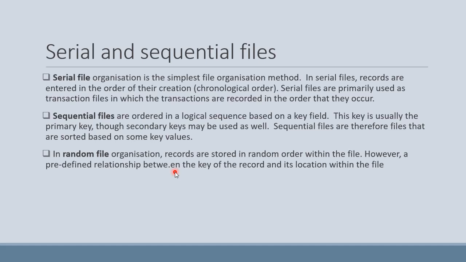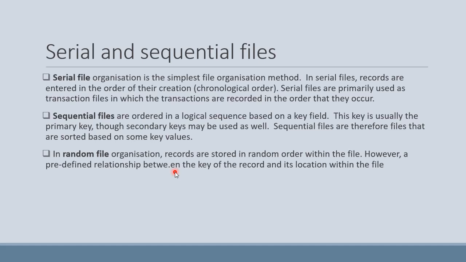The second type of file is the sequential file. In a sequential file, the data is not stacked in chronological order. It is stacked under some key field. When we give data to a sequential file, it will find a spot, a box into which this data will fit, and it is already arranged inside the file.